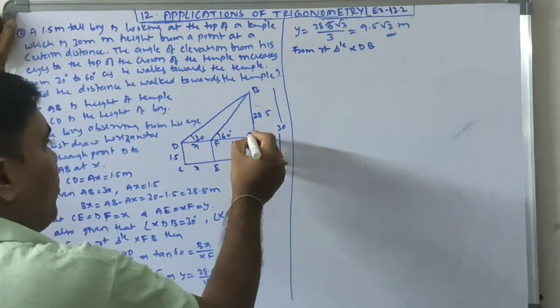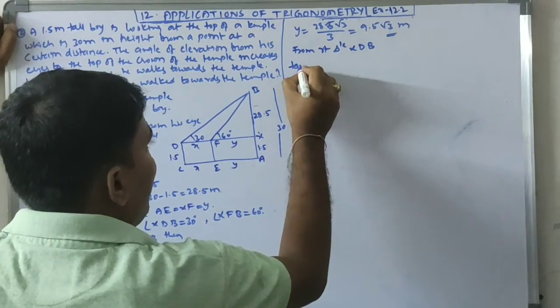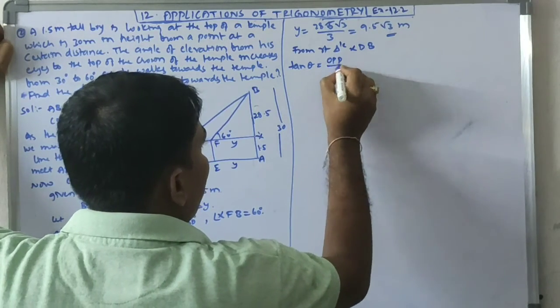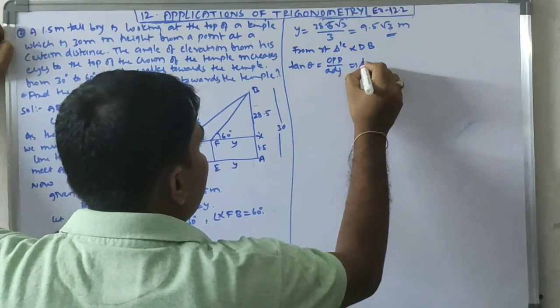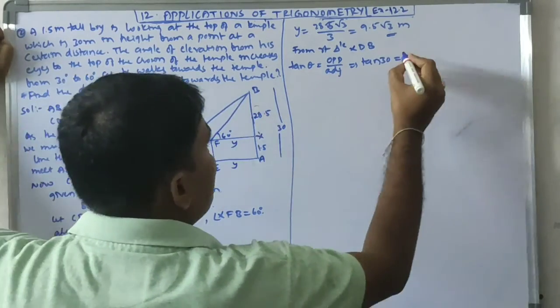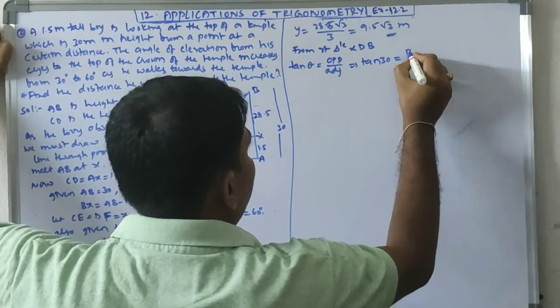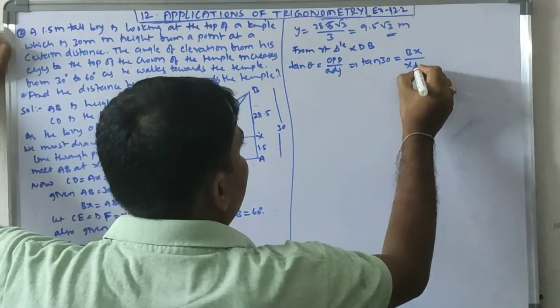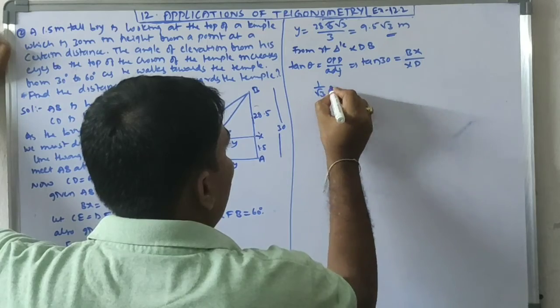Again this is opposite, this is adjacent. Tan theta equal to opposite by adjacent. Tan 30 equal to opposite BX by adjacent XD.